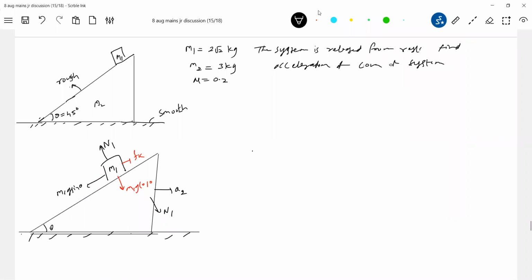M1g sin theta; the friction is acting on the wedge. Then, shall I show any pseudo force? Yes, it will be M1A2. And this will be AR, you take it. What is AR? The acceleration of the block with respect to the inclined plane.